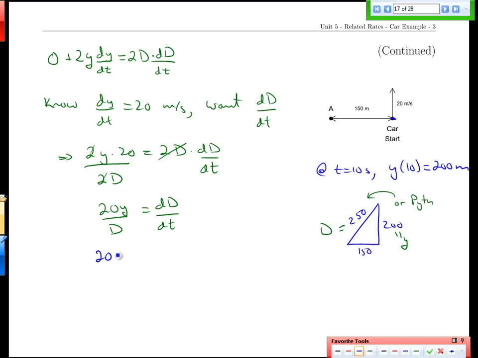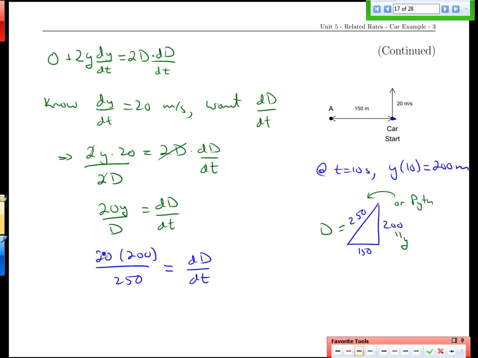We can now plug those in here, and we'll get 20 times 200, that's our y, over 250 equals the distance, or how fast the car is moving away from the observer. And we can simplify that a bit.